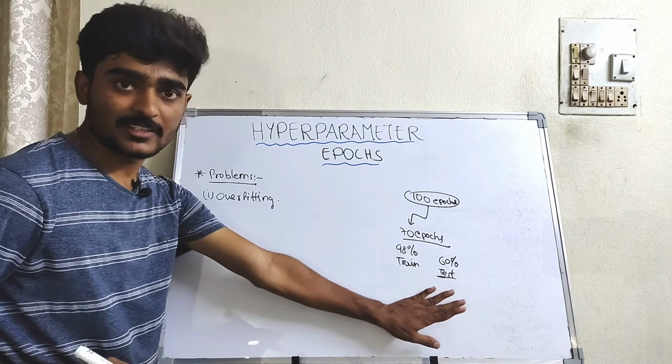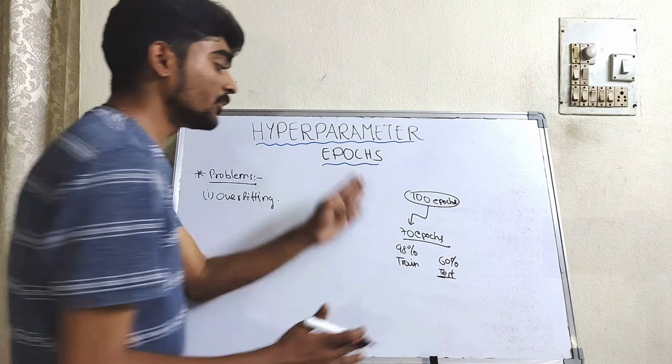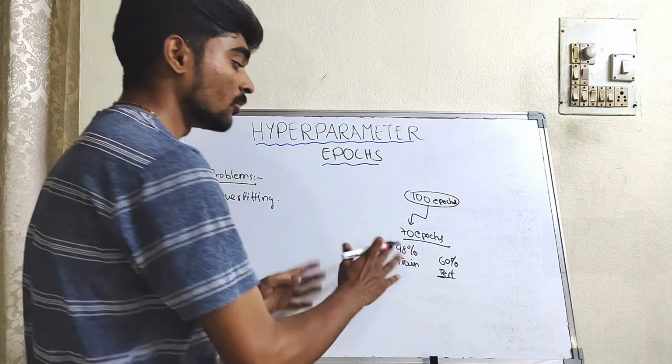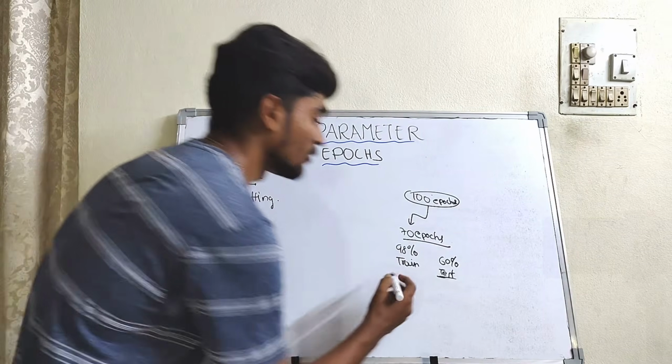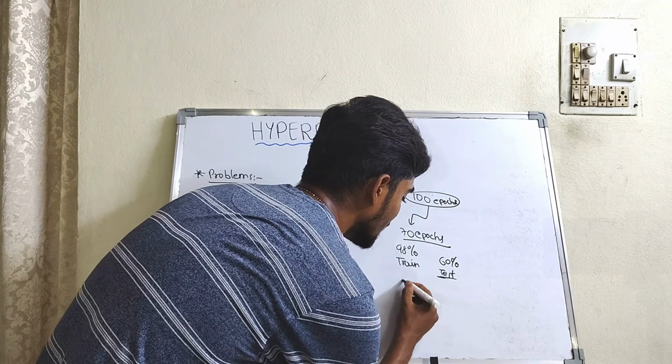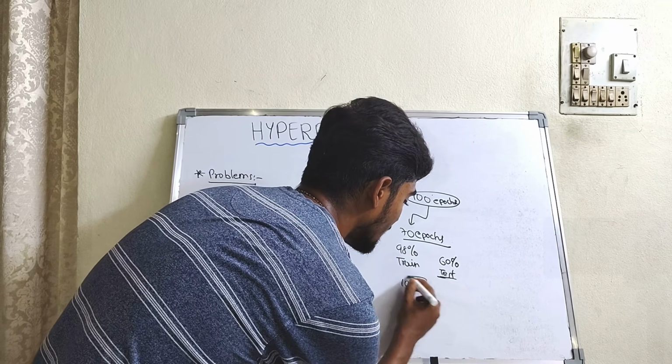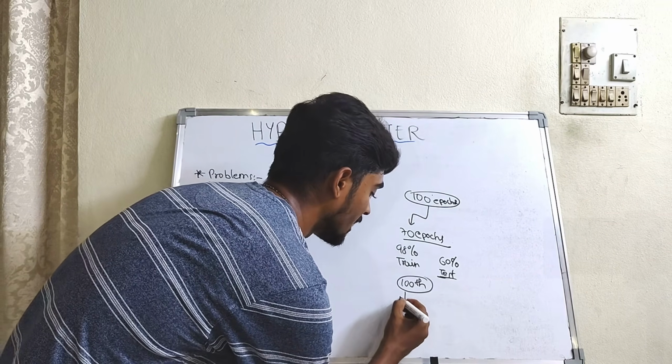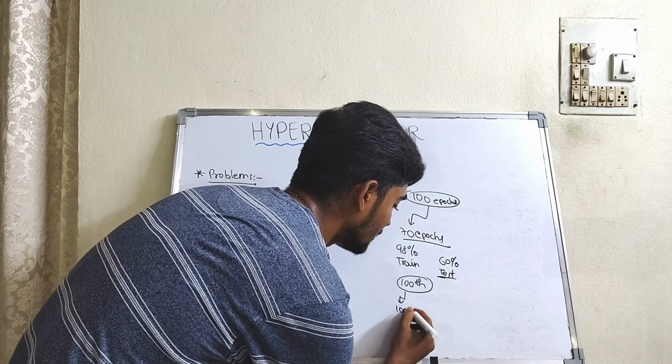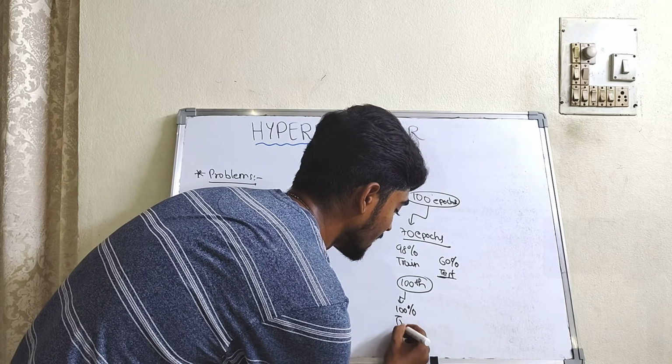Now you run 30 more epochs. After running 30 more epochs, at the 100th epoch, I got around 100% training accuracy.